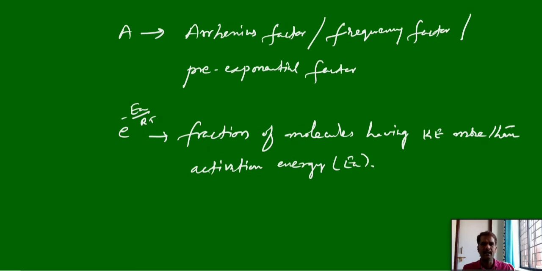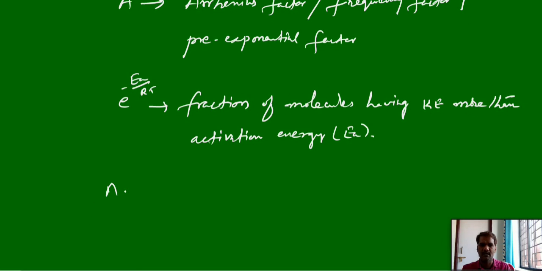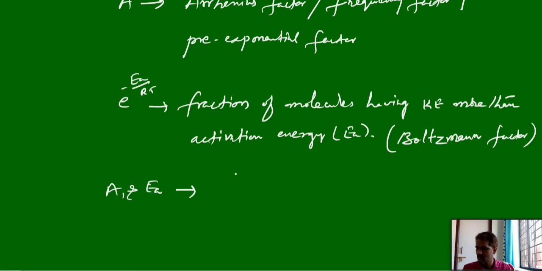And here A and the activation energy together we can call Arrhenius parameters, and e power minus Ea by RT is called the Boltzmann factor. A and Ea together are called Arrhenius parameters.